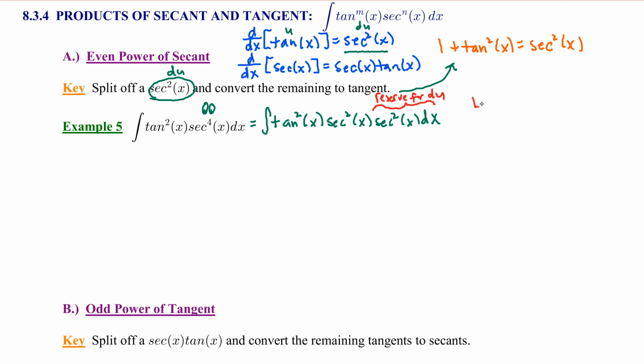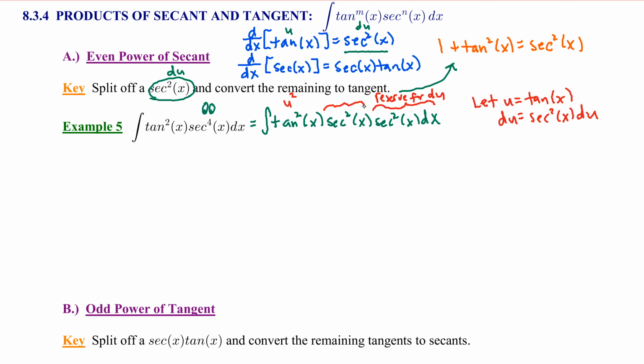So even if you want to go ahead and write that down so you know where we're going, you're planning ahead, you have a goal, so we're going to take the steps to achieve that goal. Then u eventually is going to be tangent. So we know that this first factor will be rewritten as u squared, but we do need to convert the other secant squared to tangent because we can't have du times du, right? We don't have dx times dx.